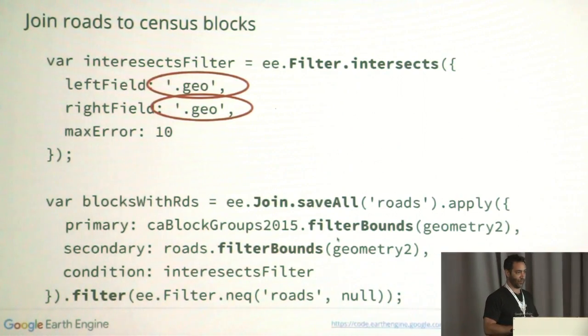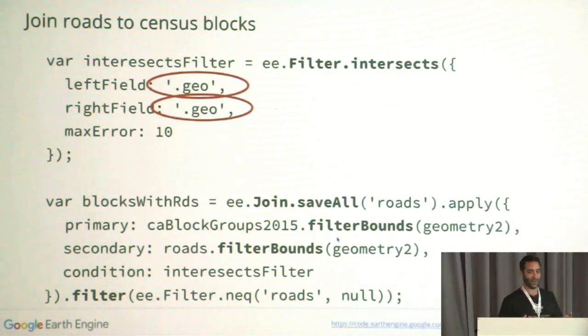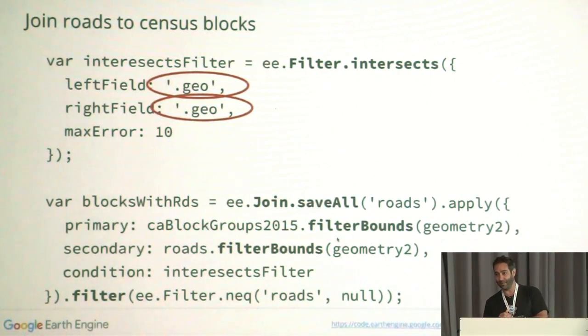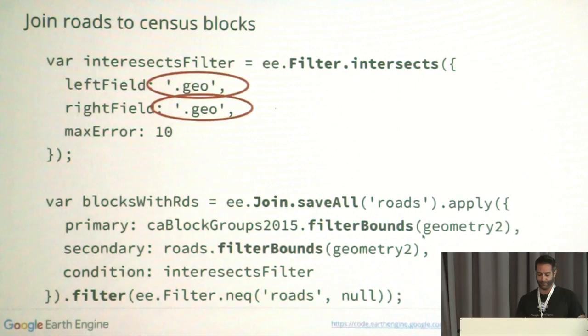Otherwise, Earth Engine will work hard to join everything to everything, and it might get slow, and that's probably not what you want. So it's good practice to always pre-filter the things that you're going to use in the join, or in any sort of overlay process, pre-filter everything.